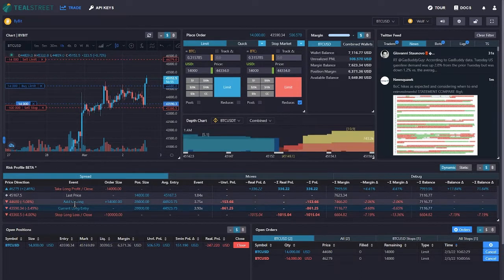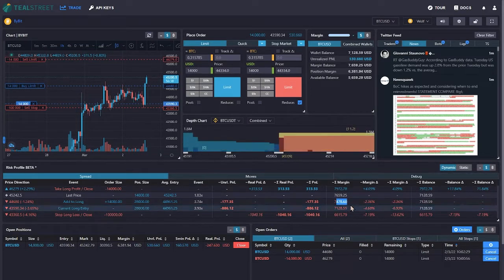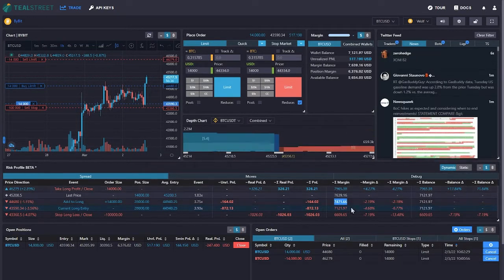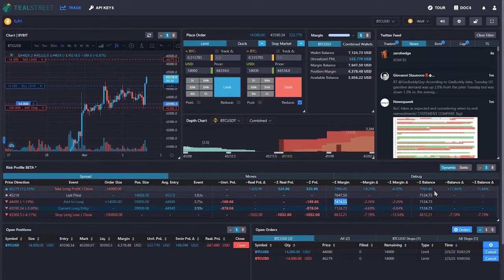So by the time it gets down to this order, you'll have a 28,000 position. Your effective leverage will be 3.75%. And the P&L from last price to this add, you're going to lose $169 of P&L. And you can also still see along the way how this affects your margin, or how it affects your balance.